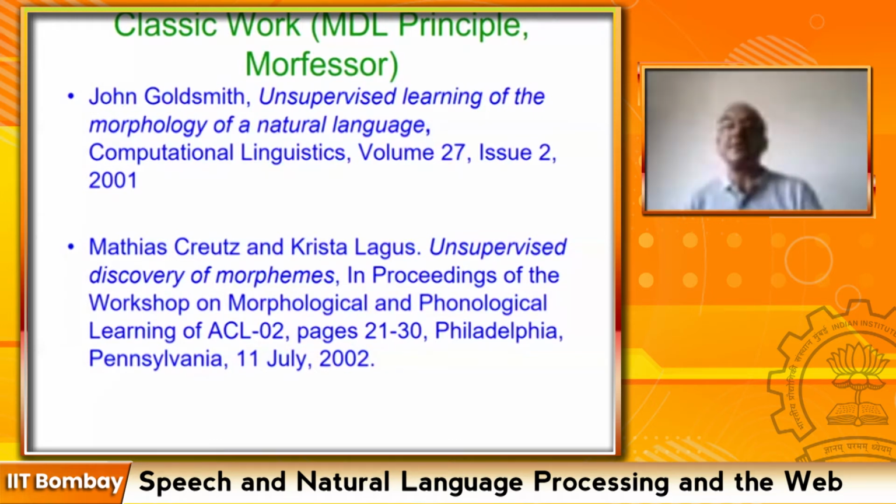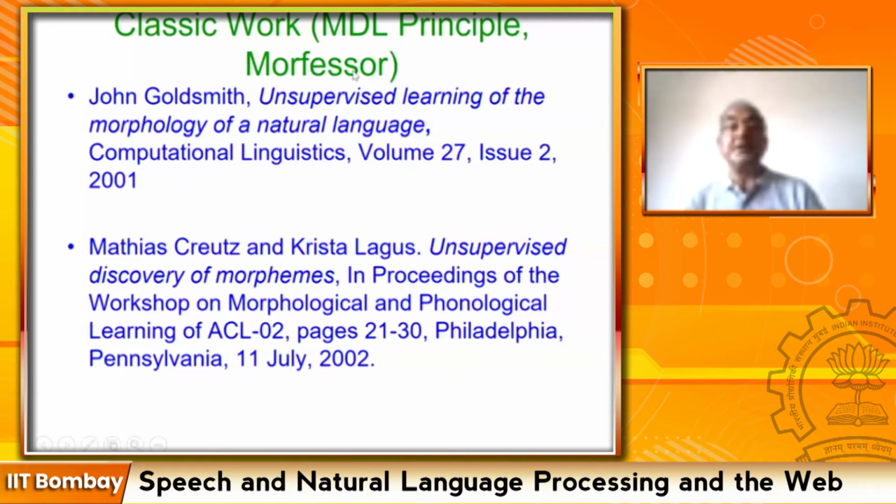This is the MDL principle, and based on that, a very well-known morphology analyzer has been created. It is called Morfessor. This is a universal morphology analyzer applicable to all languages, based on the minimum description length principle. So Morfessor you can download and use as a tool.